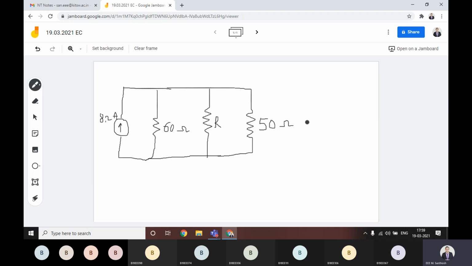After drawing this one, note down the question: the value of R, capital R, that is the resistance value. The value of R ensures that the current through the 60 ohm resistor of this circuit is 1 ampere.